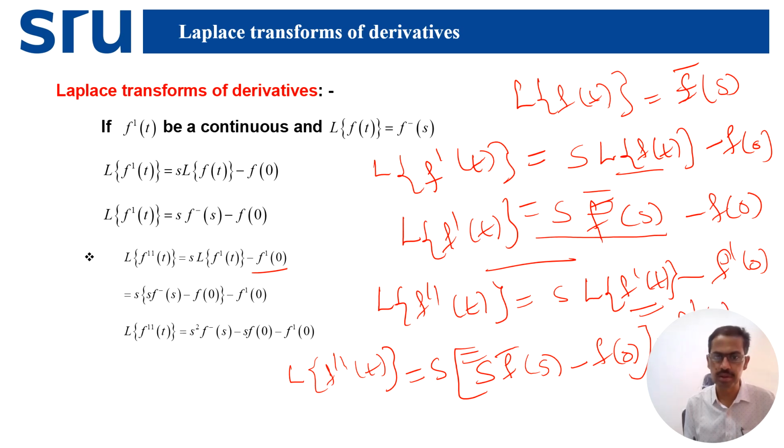You can write s square also directly. So it is s square f bar of s minus s into f of 0 minus f dash of 0. So this is about the first order derivative Laplace transform and the second order derivative Laplace transform.